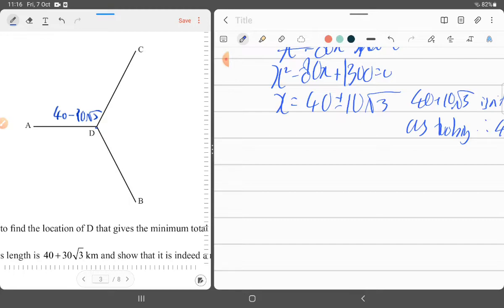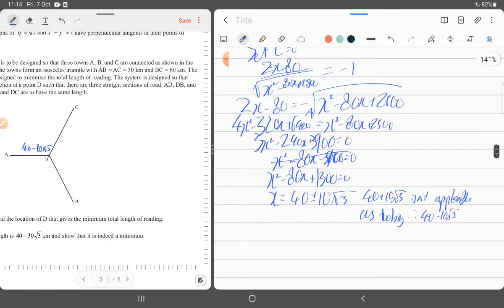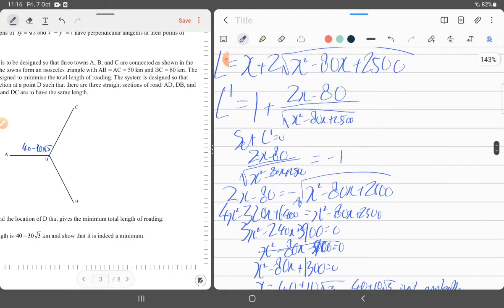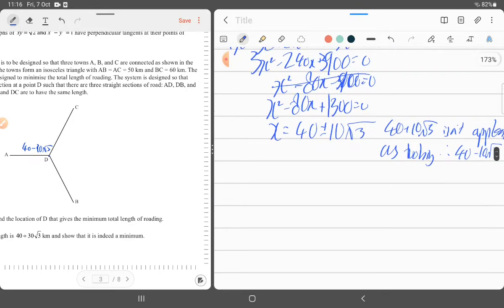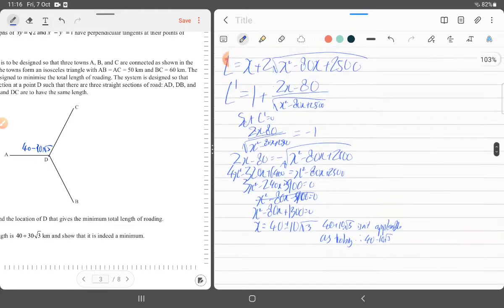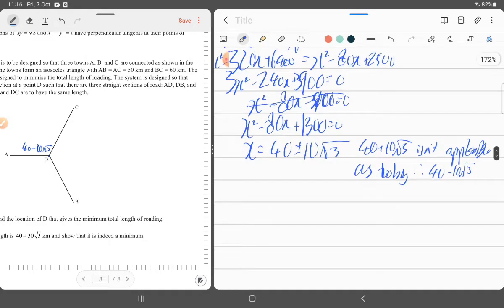How should I explain it? Do I need... Okay, I need to explain that this is a minimum. Wait, can I just minimize the square this time? Actually, no, I don't think I can. So x equals 40.